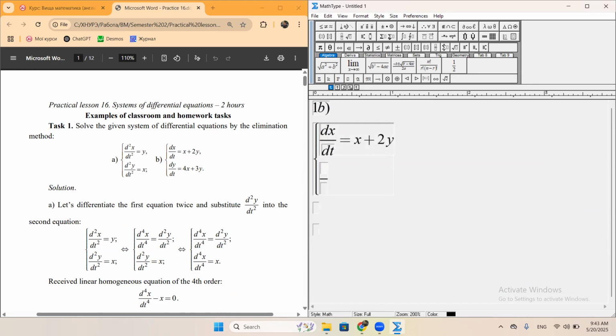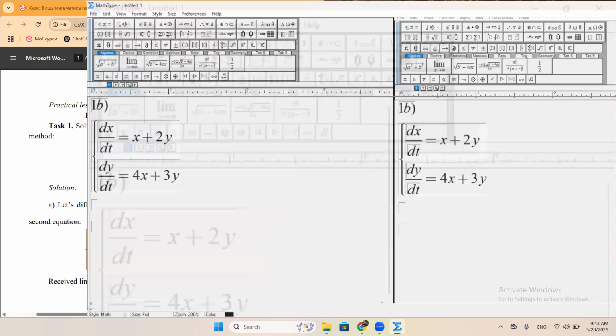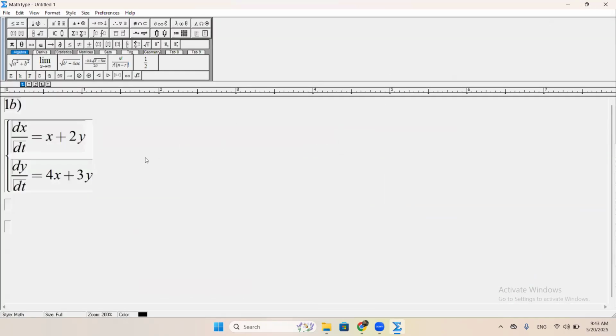Then dy by dt equals 4x plus 3y. So what we will exclude? We will exclude dy by dt. So we will actually exclude y.